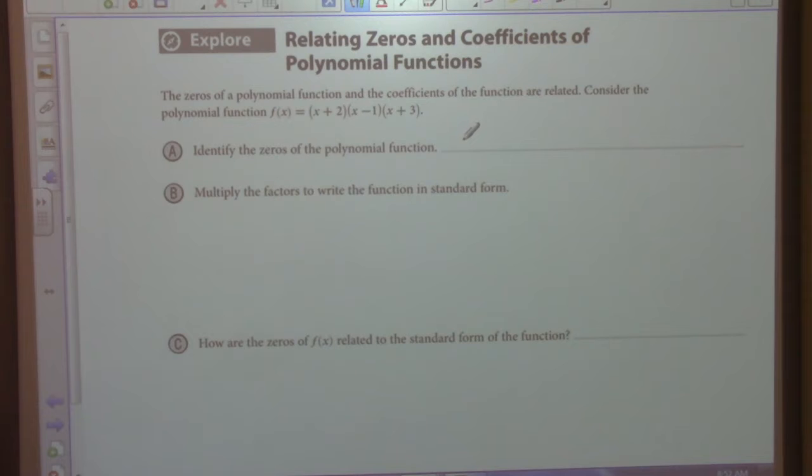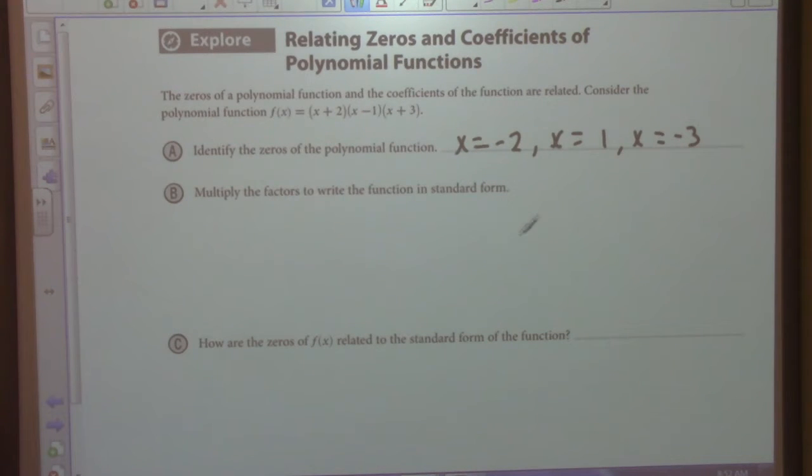What are the zeros going to be? X equals 2, x equals negative 2, x equals 1, and x equals negative 3, okay?